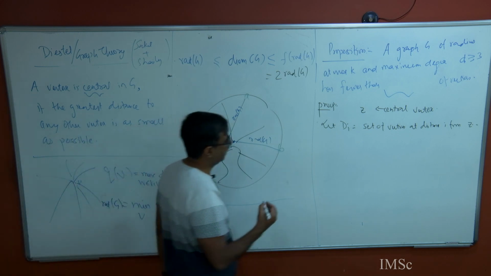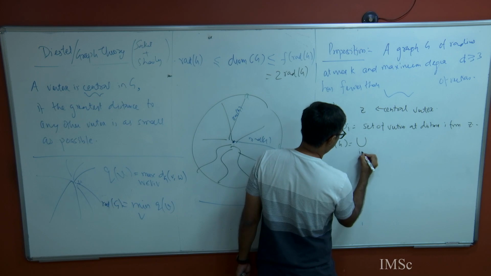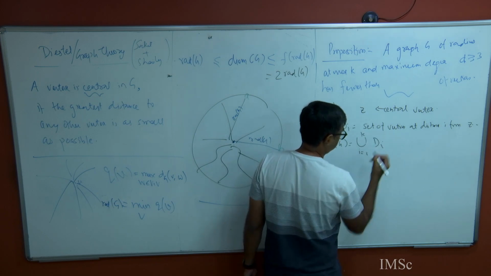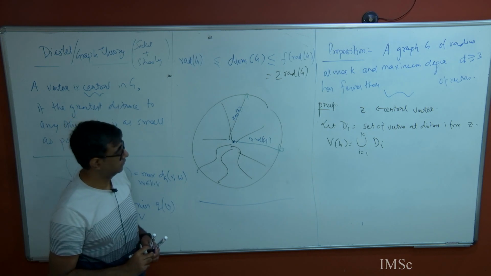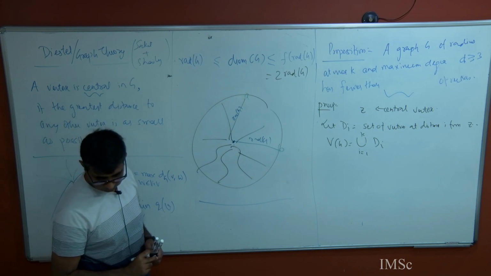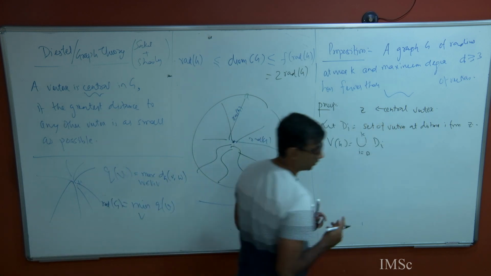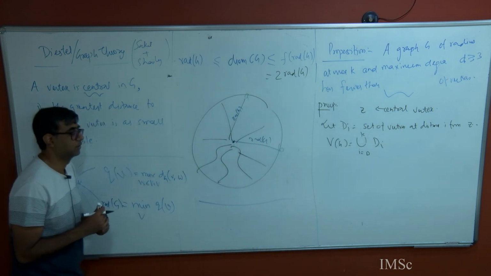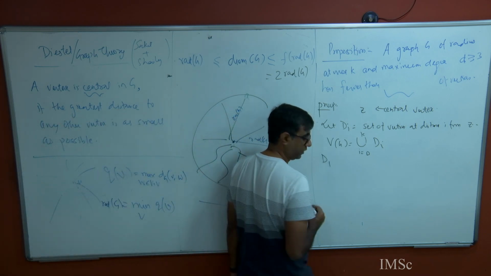So can I say something then? Is this correct? In fact, D_0, because we also have Z, right? So, can you tell me how many vertices D_1 contains?